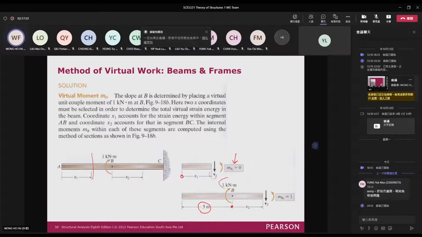Then if you have 1 here, then you have also 1 here. So the moment for the second section, where X2 is between 0 and 5 meters, then actually it is equal to 1 again.